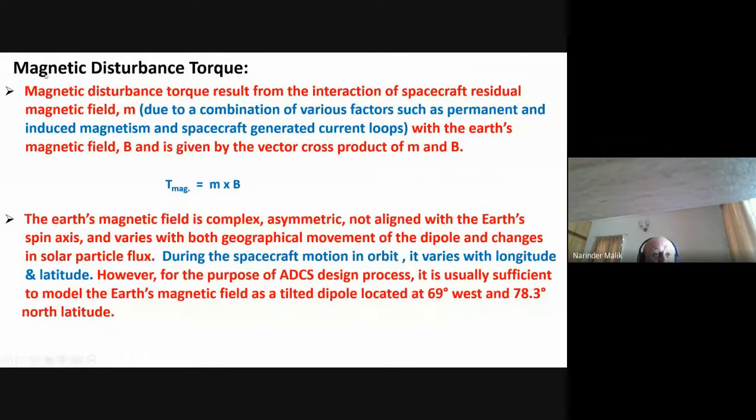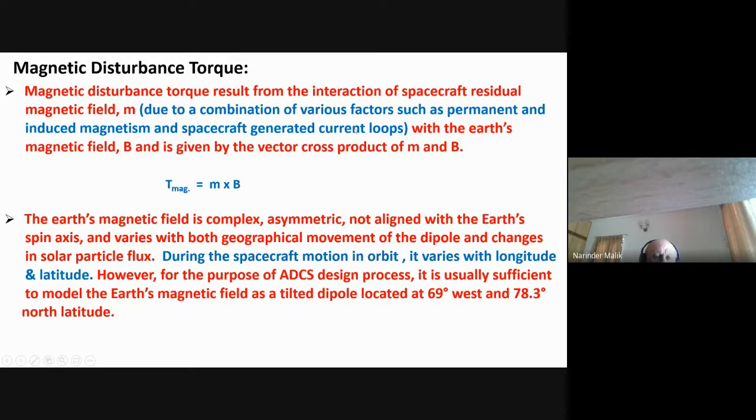Next is the magnetic disturbance torque. It results from the interaction of the spacecraft residual magnetic field M. This residual magnetic field comes from a combination of various factors, such as permanent and induced magnetism and spacecraft-generated current loops.